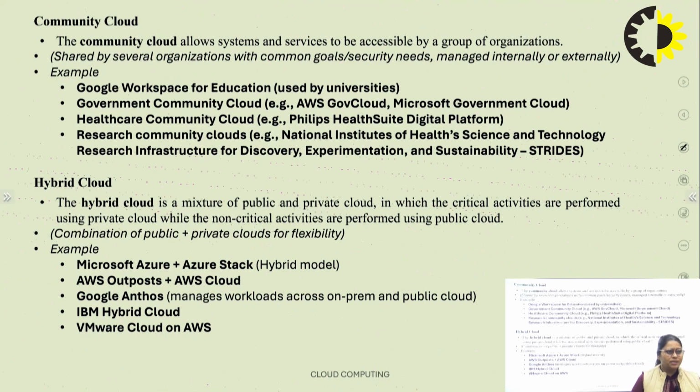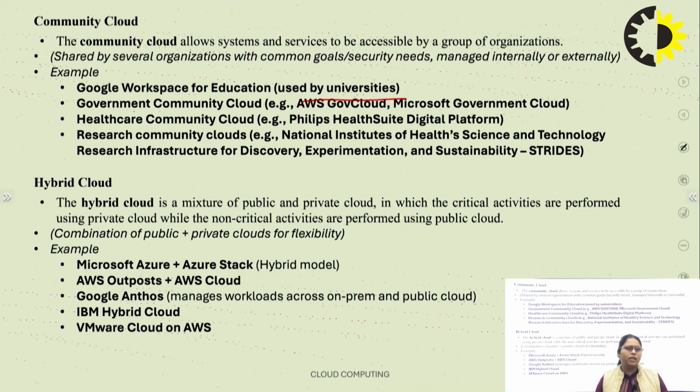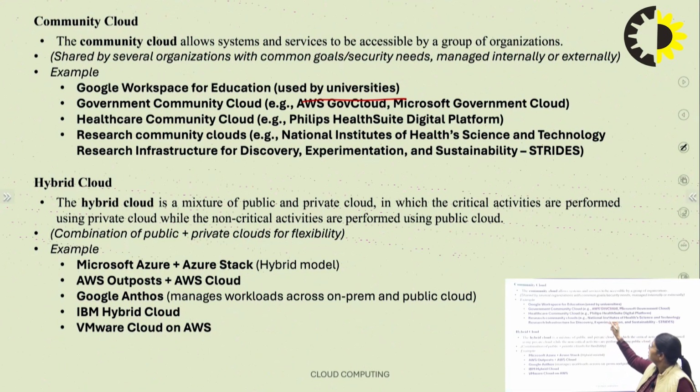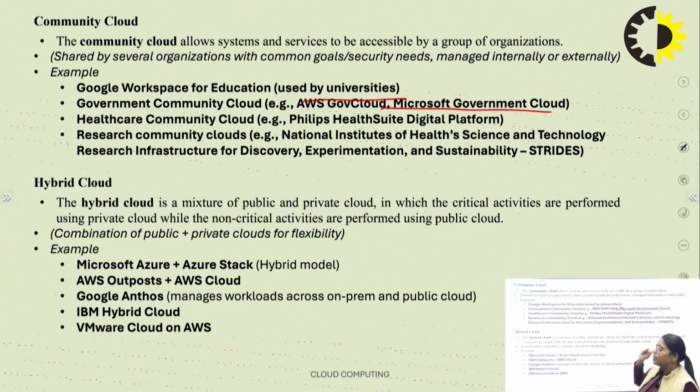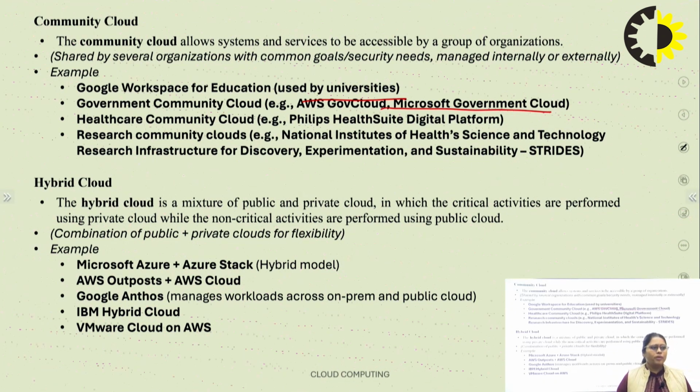Google Workspace is one example of a community cloud that is used by universities. So universities basically use this community cloud to share their information. Government community clouds like AWS and Microsoft government cloud are community clouds between different government organizations.